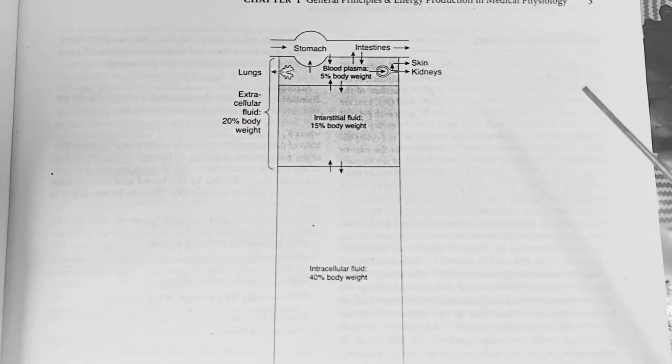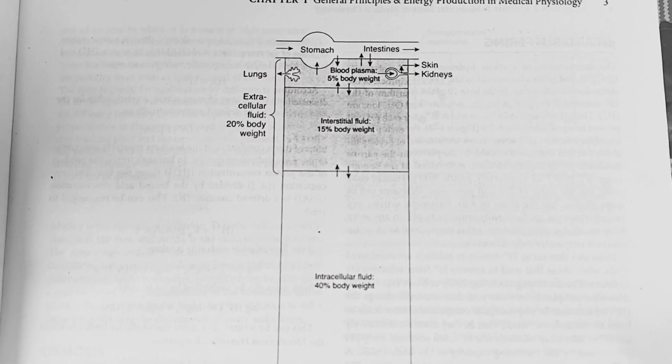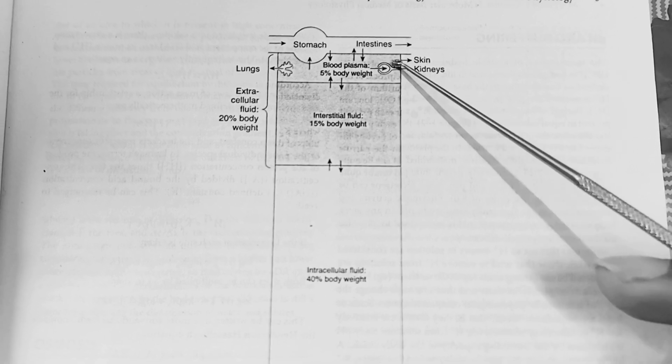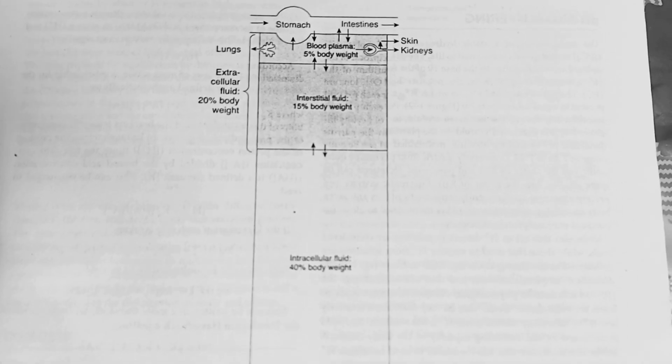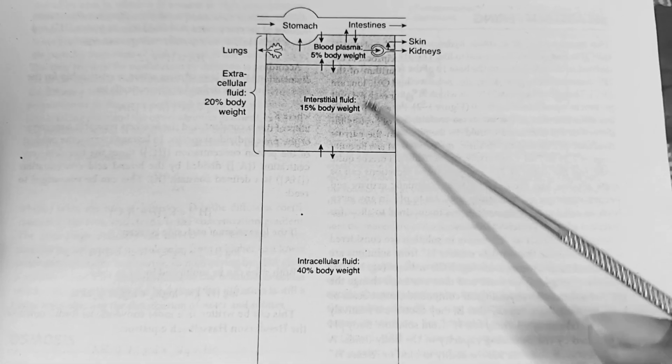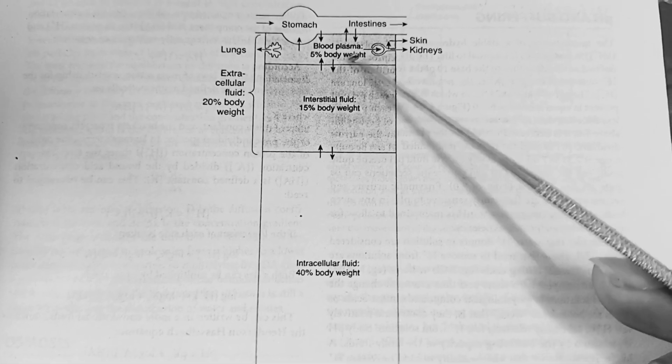This intracellular fluid and extracellular fluid are not the only fluid. They are the solutions. If we see what is in the intracellular and extracellular fluid, we can see here is a diagram, and in this diagram there is the intracellular fluid and here is the extracellular fluid.